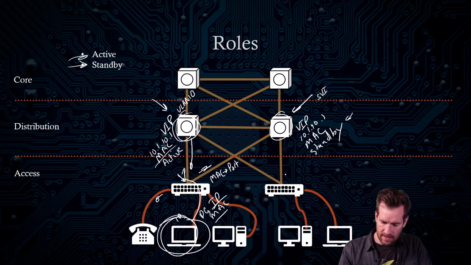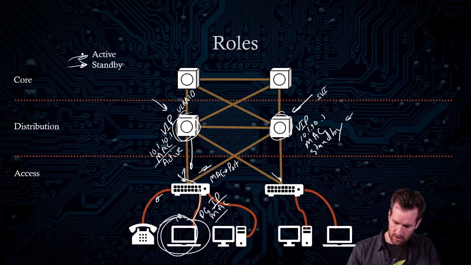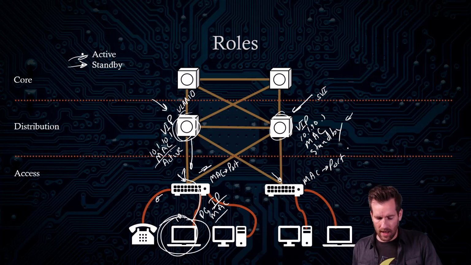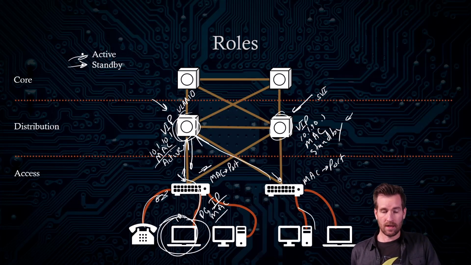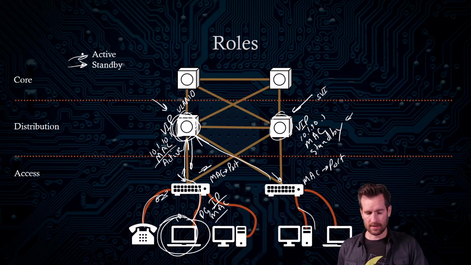And same thing with this switch, it associated with this port right here. So it associated the MAC address with a port. Now, all further communication that happens to that MAC address that goes through these devices will be sent to that layer 3 switch right there.